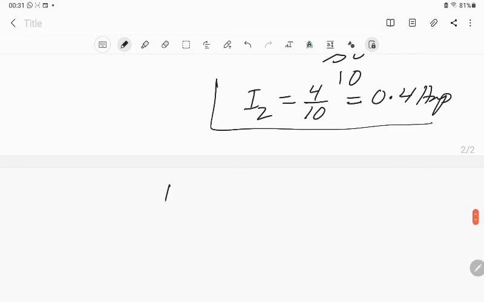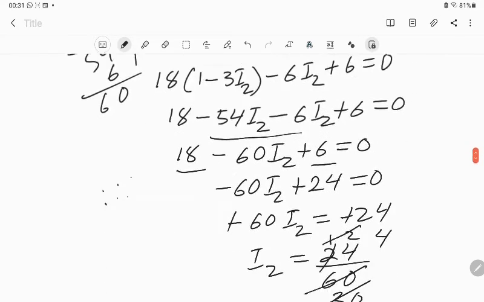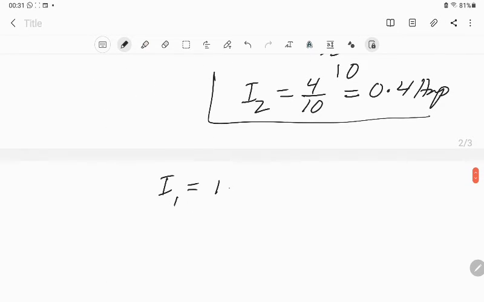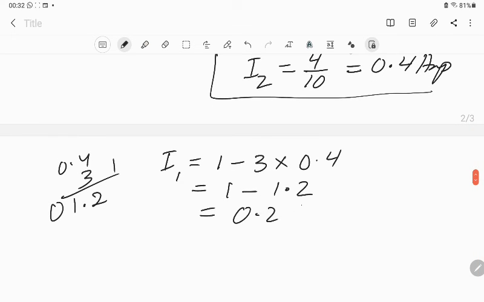So I1 equals 1 minus 3I2, I2 is 0.4, so 1 minus 3 into 0.4. 3 into 0.4 is 1.2, and 1 minus 1.2 is minus 0.2.